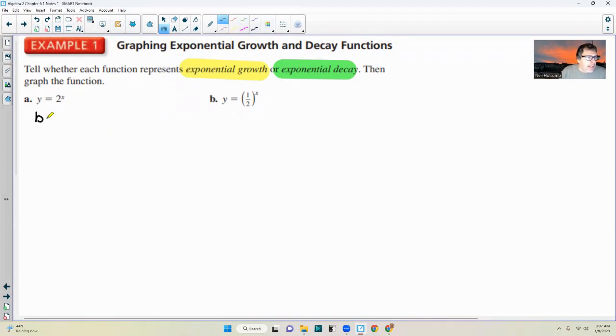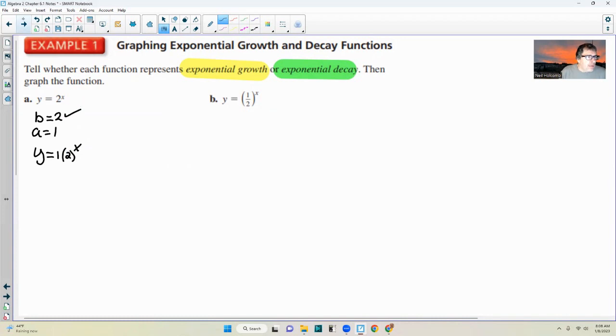So b equals 2. A equals 1. So think of this as y equals 1 times 2 to the x. 2 to the x times 1 is just 2 to the x. So A is 1, B is 2.